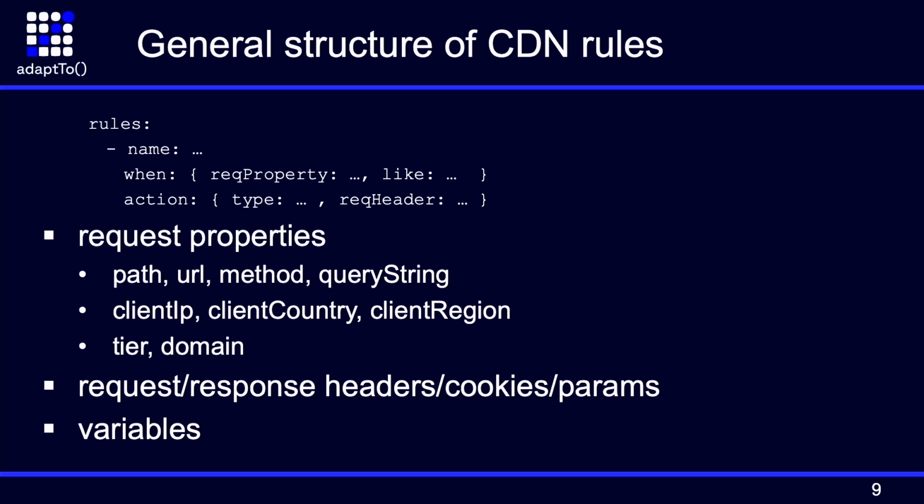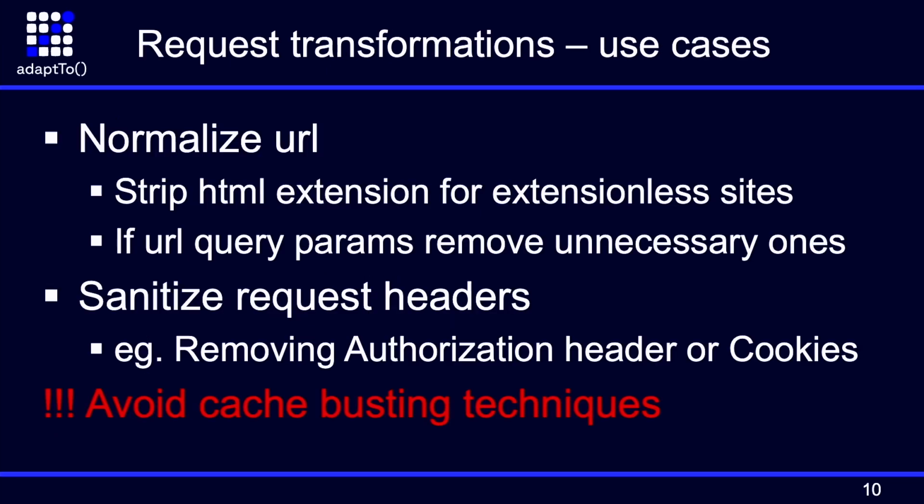You also have access to all request and response headers, cookies, post parameters, and also there is a concept of variables that allows you to pass information from one stage to another. So you can set it in a request transformation and read it later, but this is a more advanced use case.